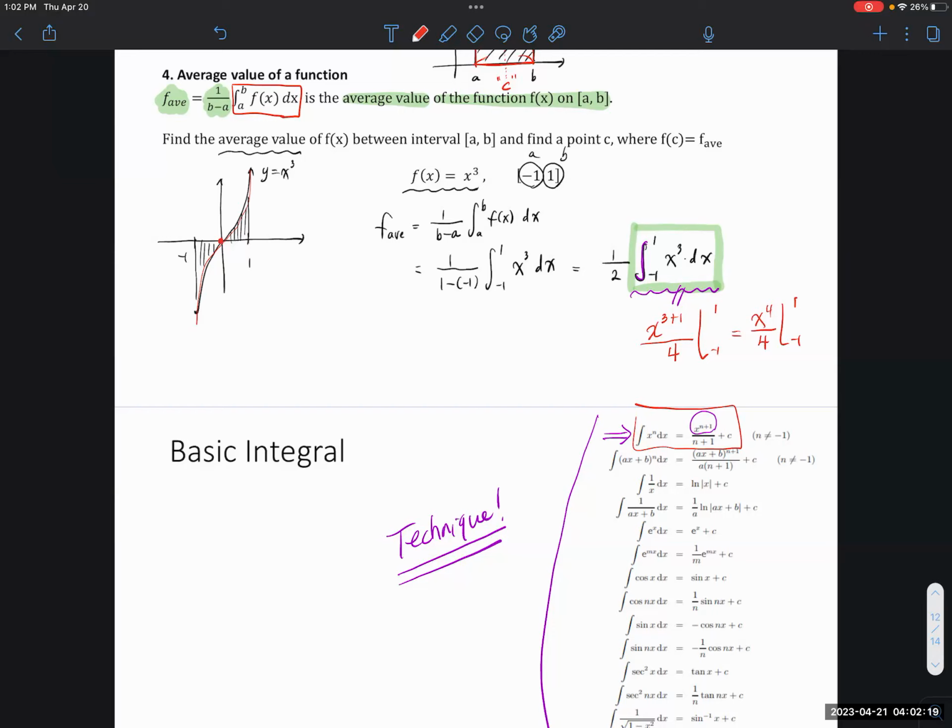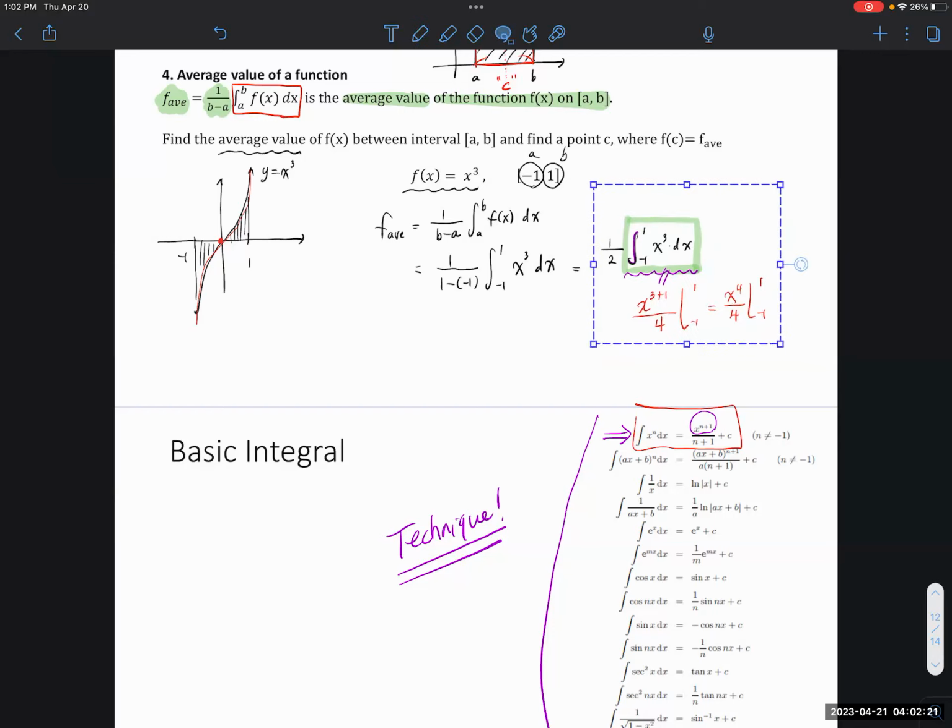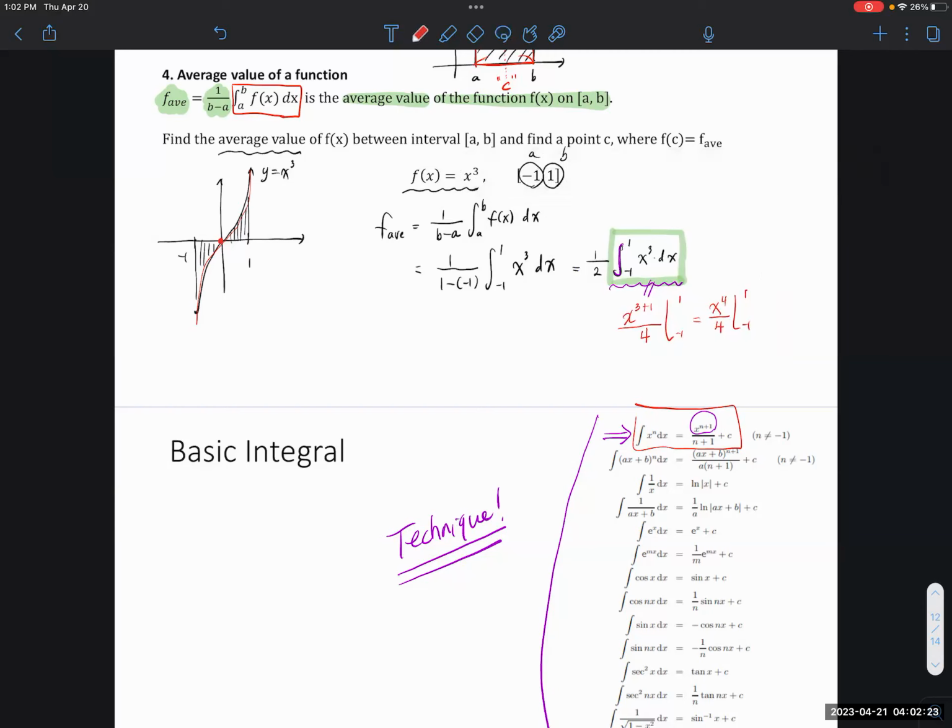And then a little bit of calculation. So you have 1 and -1. Plugging in 1 first, and then subtracting -1 into the x. If you calculate it, it's going to be 1 over 4 minus 1 over 4. This is going to be 0. So what does it mean?